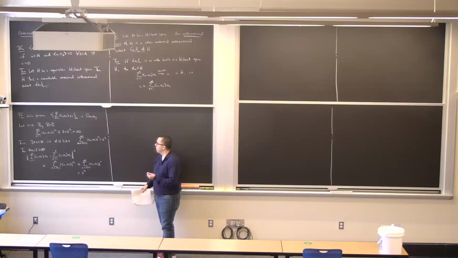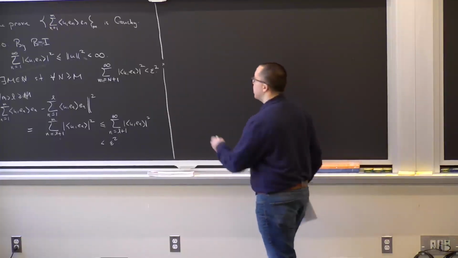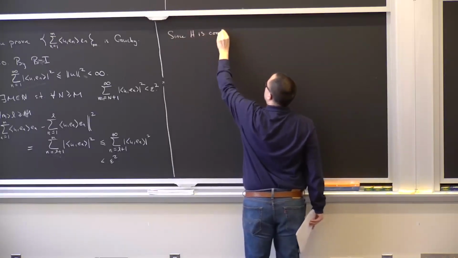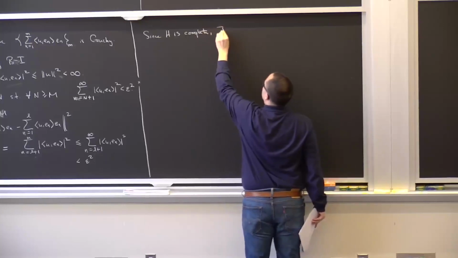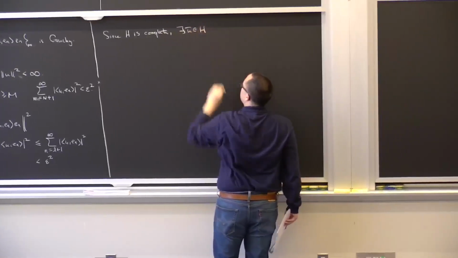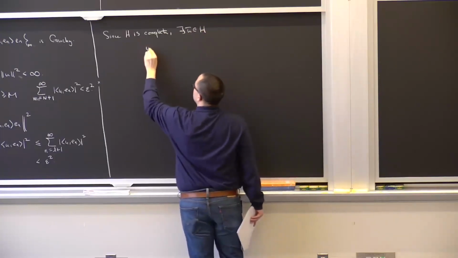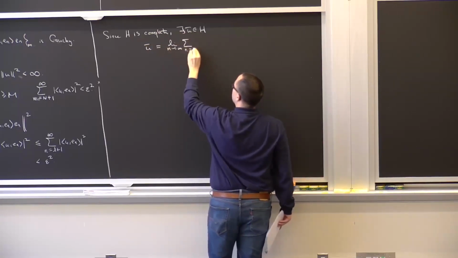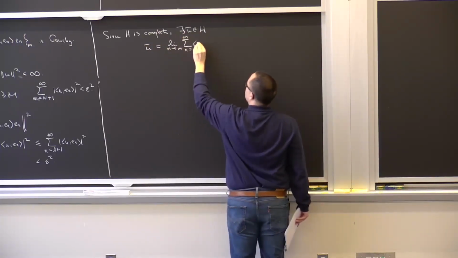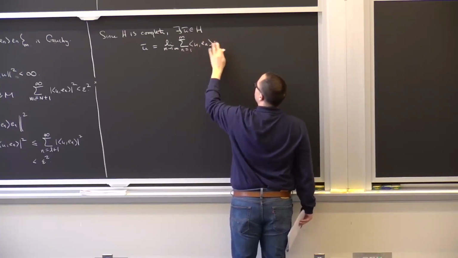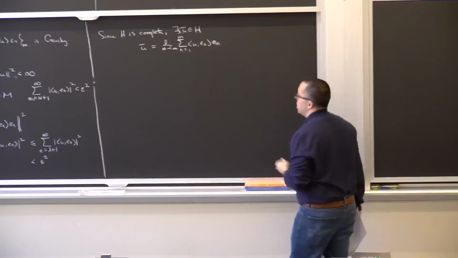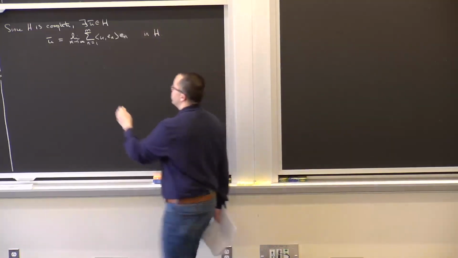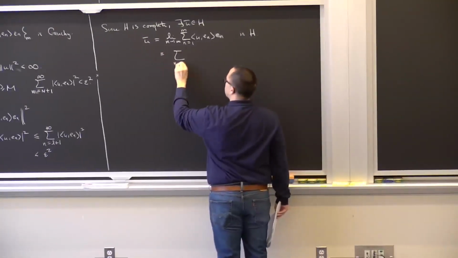So since H is complete, there exists an element u bar in H equal to the limit as m goes to infinity of these partial sums, where this limit means that the norm of the difference in H converges to 0.